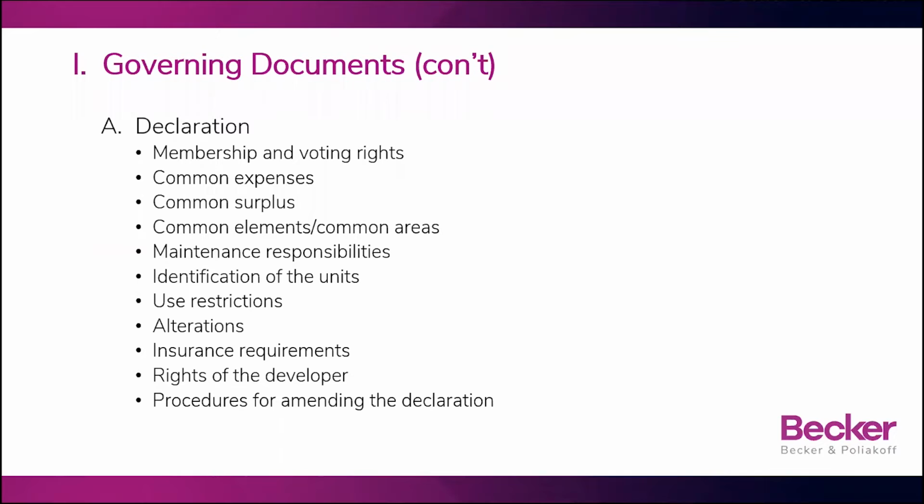So what I found associations can do to close that loophole is to put in the declaration of covenants or condominium, or in co-ops, the bylaws, a guest restriction on how many times a year you can have guests. Most of my clients want to say, hey, if it's my family, they can come whenever I want. I want my grandkids to come use my Florida condo, that's kind of an open door policy.